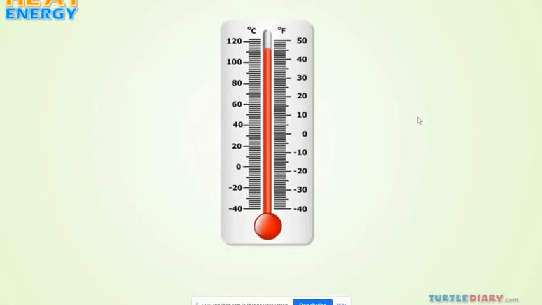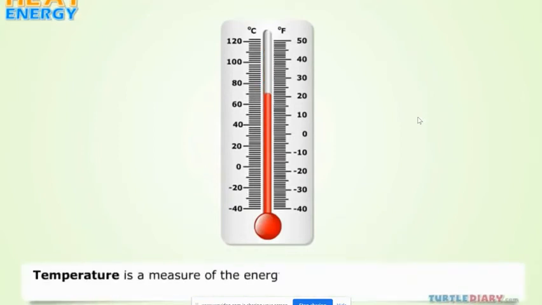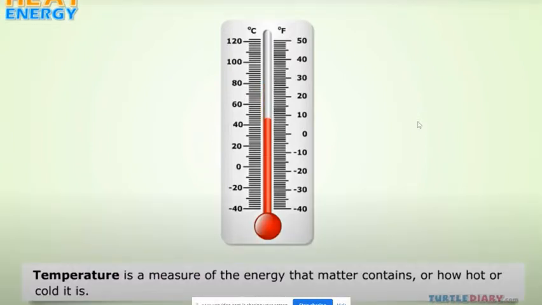Have you ever used a thermometer to measure something's temperature? Temperature is a measure of the energy that matter contains, or how hot or cold it is. So, when you use a thermometer, you are measuring how fast or slow the particles in matter are moving.